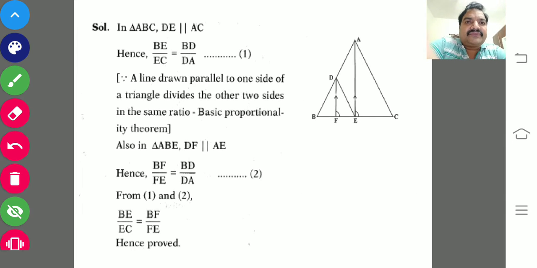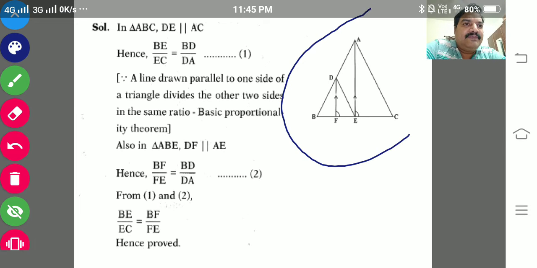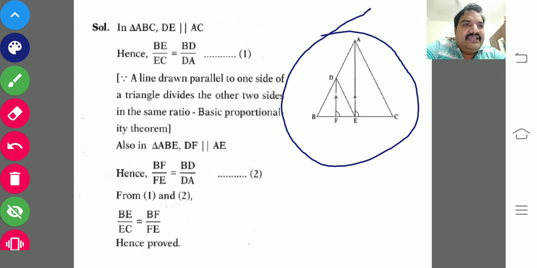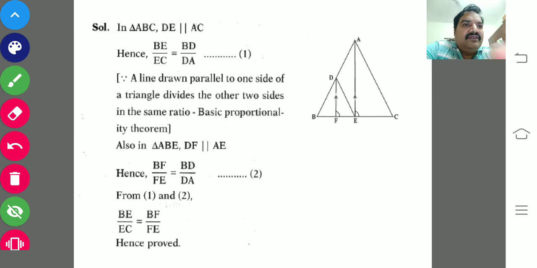In first equation, how did we take in triangle ABC? DE is parallel to AC. After that, you just apply: if one side of a triangle is parallel to one side, automatically the remaining 2 sides will be in proportion, meaning BE by EC equals BD by DA.